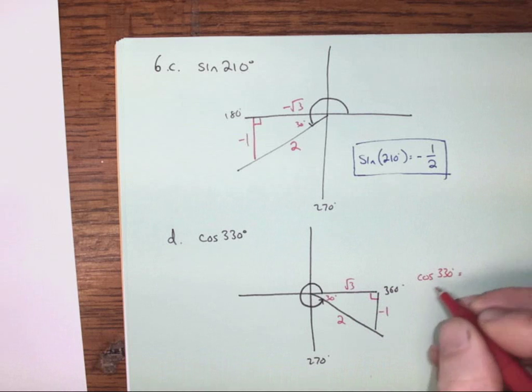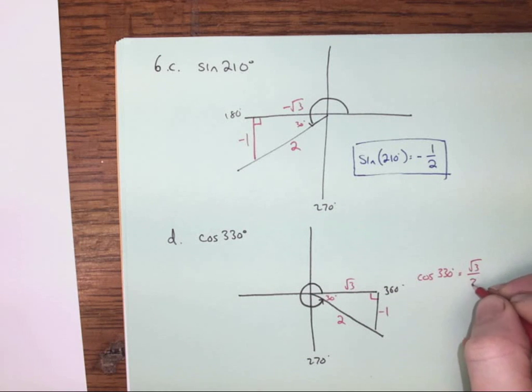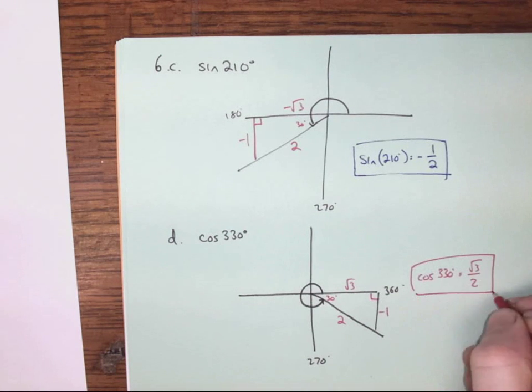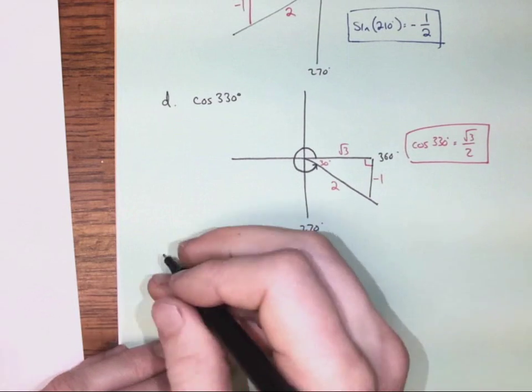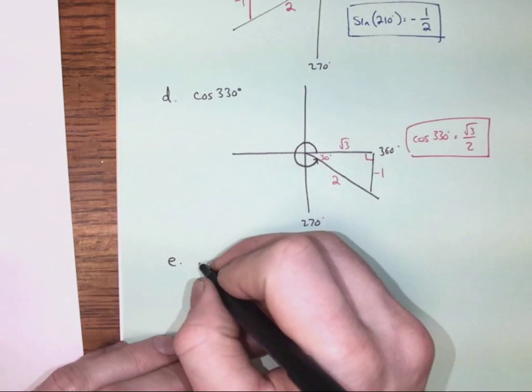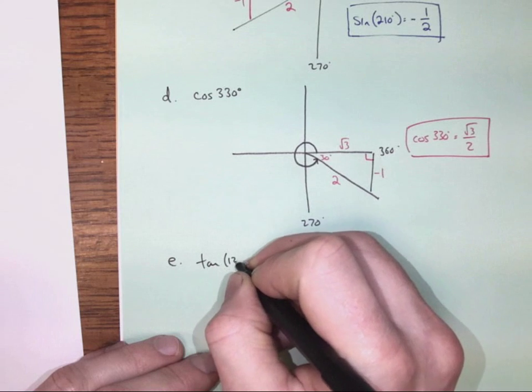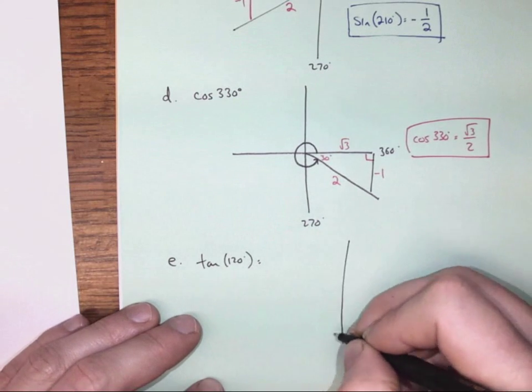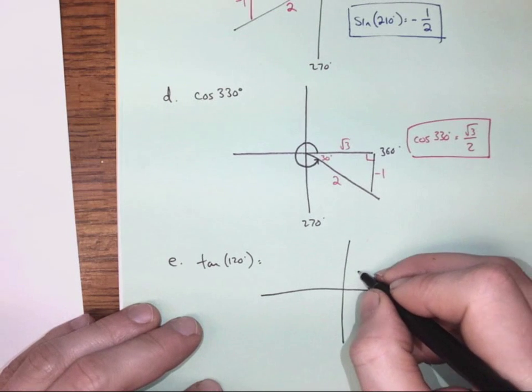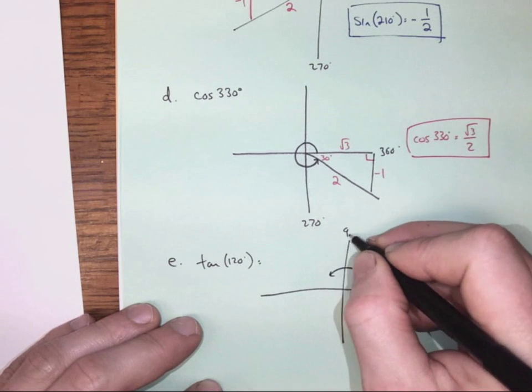All right, now we've got this question E here, which is tan of 120 degrees. Okay, so I'll draw 120 degrees. We've got 120, it terminates in the quadrant between 90 degrees and 180 degrees. And I think we'll leave about 60 degrees here before we get to 180.